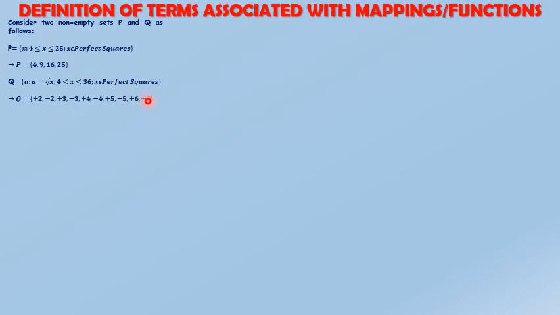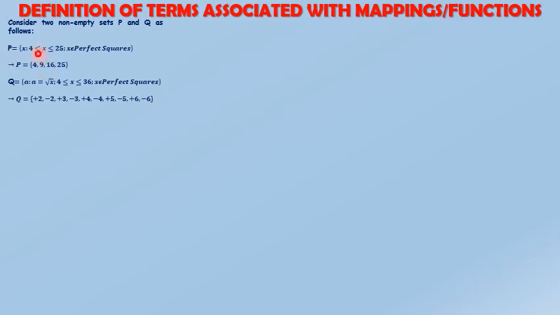We would have stopped at plus 5 and minus 5, being the range given here is x less than or equal to 25, like we have for P. But here what we have is x less than or equal to 36. So if x is less than or equal to 36, then 36 will be part of the values of x, and the square root of 36 will either be plus 6 or minus 6.